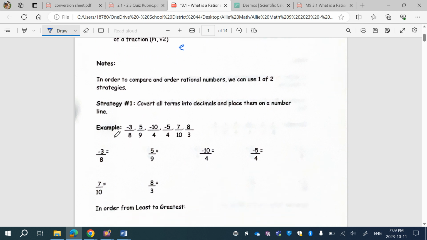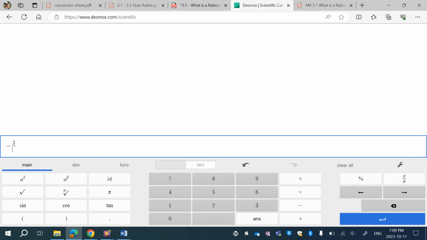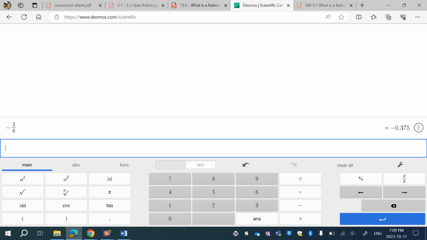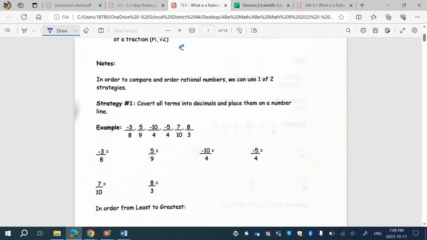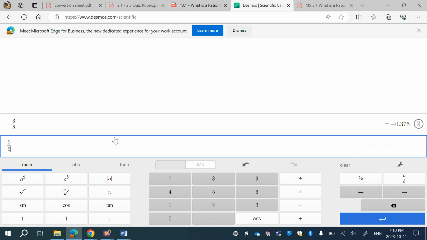So for example, I'm going to use Desmos here because my other computer calculator isn't the best. Let's do -3 divided by 8, which equals -0.375. 5 divided by 9 is 0.5 repeating.